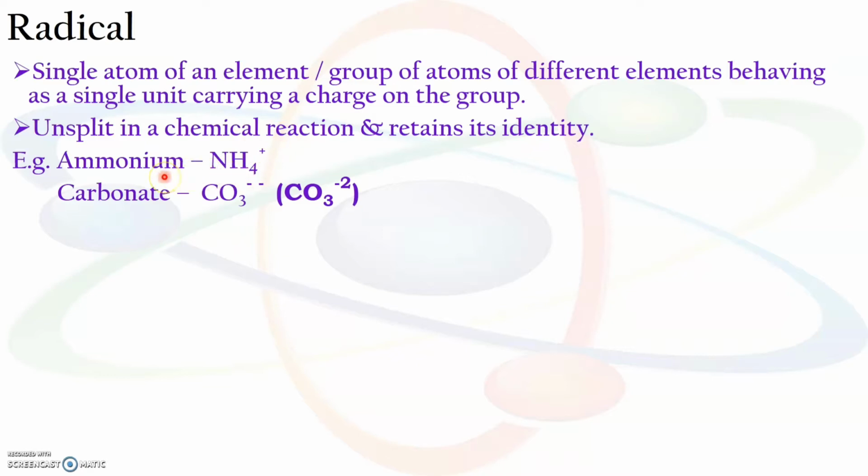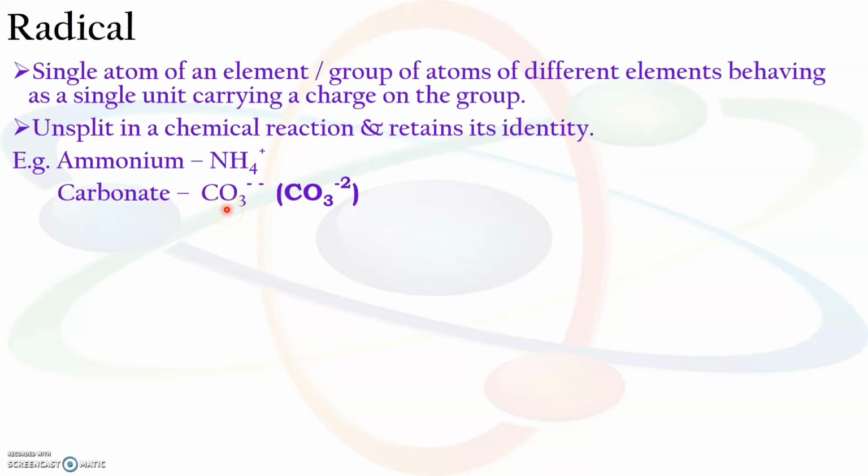So in the case of ammonium radical, it carries a positive charge, while in the case of carbonate radical, it carries two negative charges. So remember that this positive charge is not only for hydrogen, but it is for the entire group of atoms. Likewise, these two negative charges are not only for oxygen, but for this entire group of atoms.